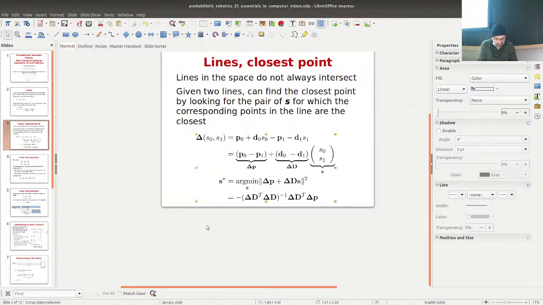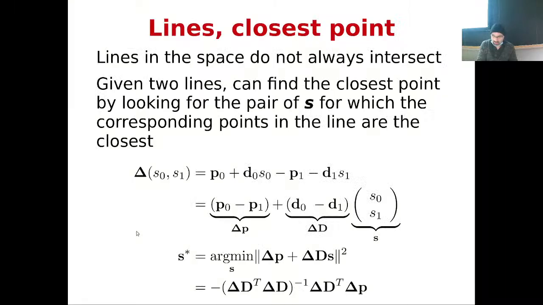Okay. P0 minus P1 goes here. And the matrix consisting of D0 and minus D1: I could take these two vectors, arrange them into a matrix, then if I multiply this matrix by a vector consisting of S0, S1, I have S0 D0 minus S1 D1, and so I recover these terms.